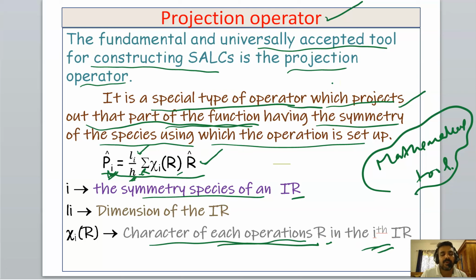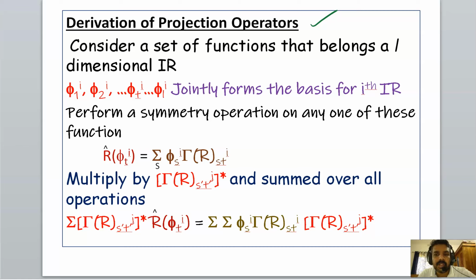Derivation of the projection operator. We are going to derive the projection operator using our great orthogonality theorem. Consider a set of functions that belongs to an l-dimensional irreducible representation.